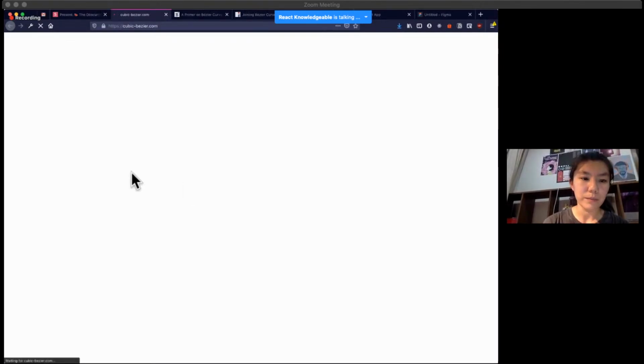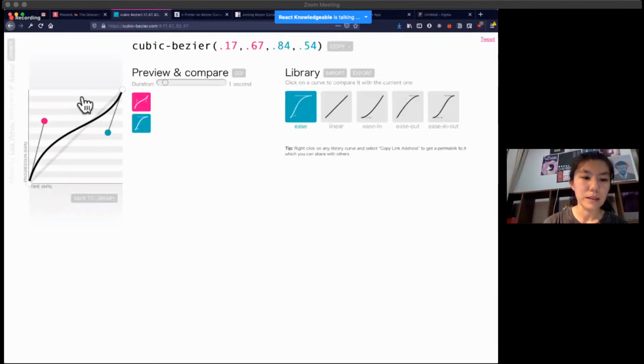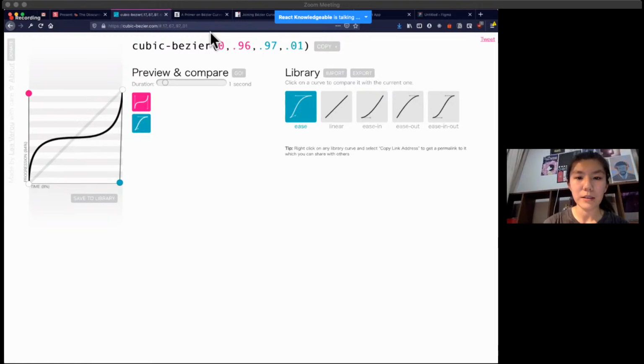This is cubic Bézier curve, and now you can understand these are actually 4 points, but these are actually 2 points of degree 3 Bézier curve. Why? Because the first point and the final point are already fixed, and you only need to specify the second and the third point. So this one is the second point, this one is the third point.